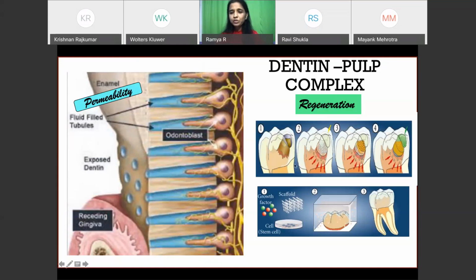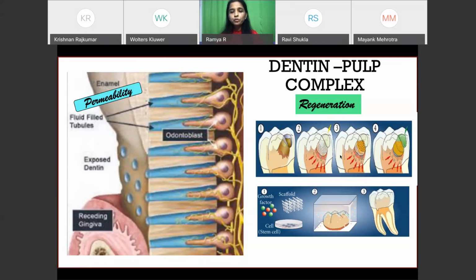Again, coming to this particular part, regeneration of the dentine pulp complex is a very huge topic. To simply emphasize, please understand that caries is very prevalent. Sensitivity is prevalent, caries is prevalent. So a small caries lesion should be treated in a regenerative mode rather than just filling it with an inert material. That should always be in your mind when you are treating a patient.